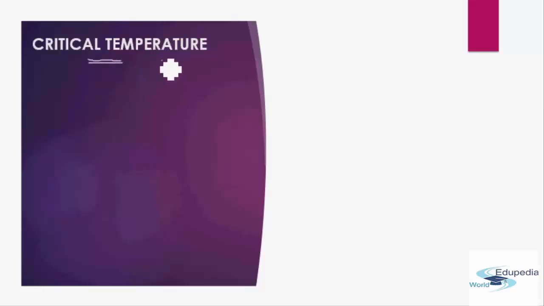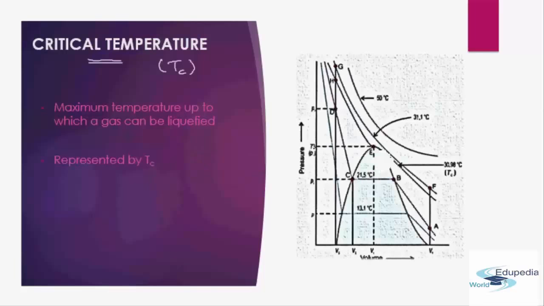It is represented by Tc, and in verbal terms, it is the maximum temperature up to which a gas can be liquefied. If you remember the curve, this is how our curve looked, and we said that above this temperature, this is my Tc curve, that is my critical temperature isotherm.